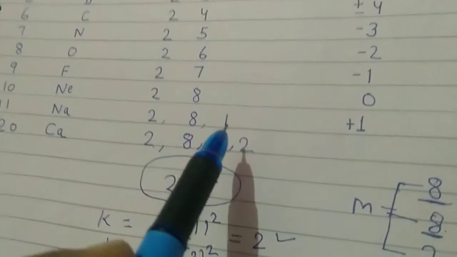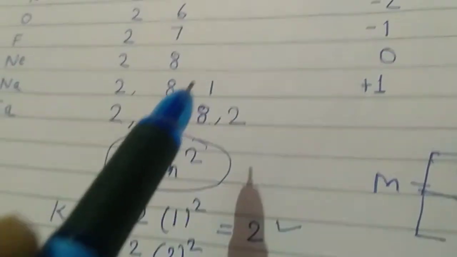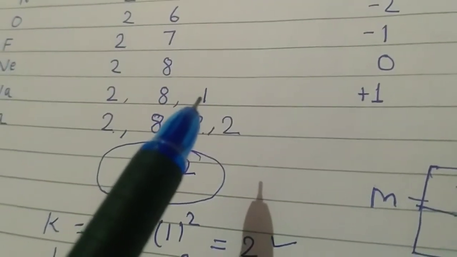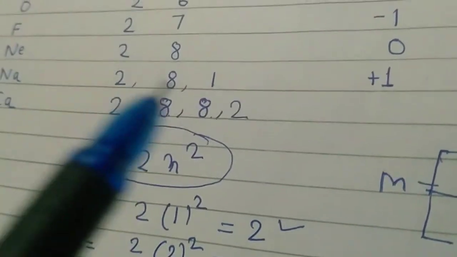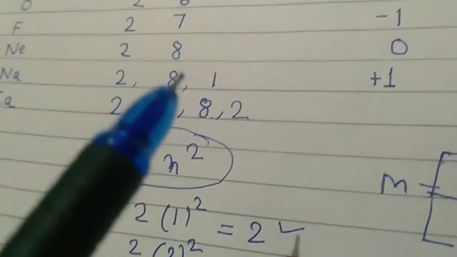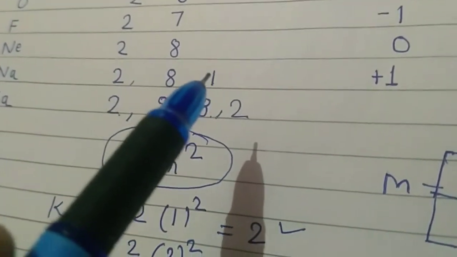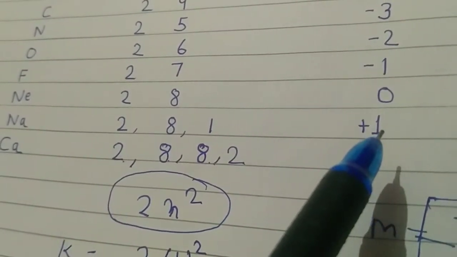To complete the shell, it would need 7 more electrons to make 8. But taking 7 electrons means a very large energy loss, so it gives away 1 electron, and a positive charge of plus 1 occurs.